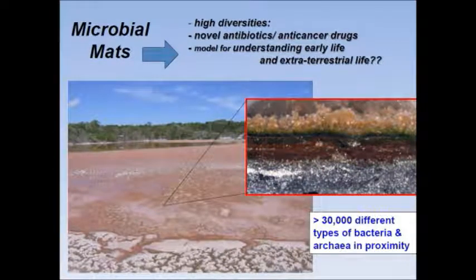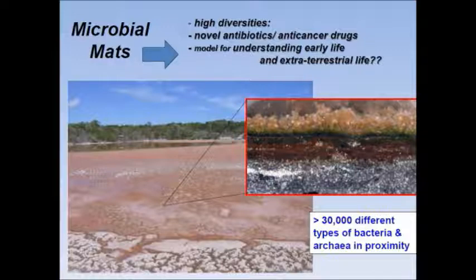And this is just another view where we are continuing our studies of microbial mats. I mentioned stromatolites. We're also working on hypersaline mats, as shown here. They're very orange in color due to the prevalence of archaea, but there are over 30,000 different types of bacteria and archaea in these mats.